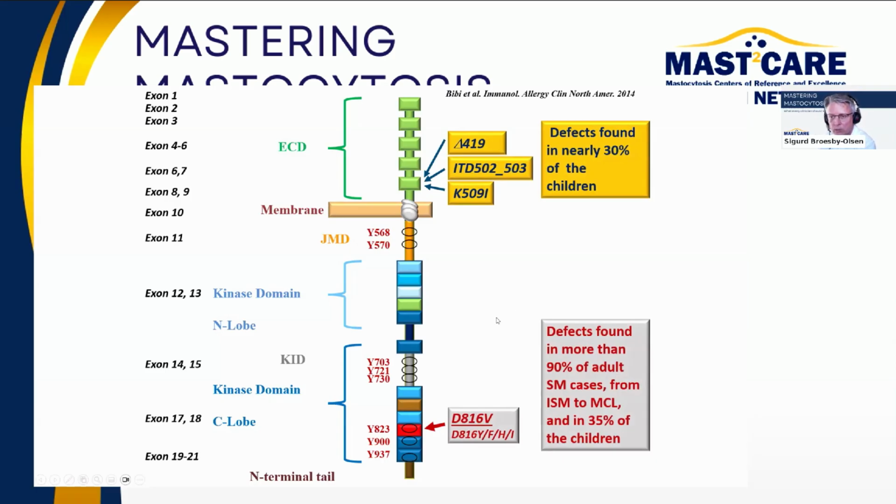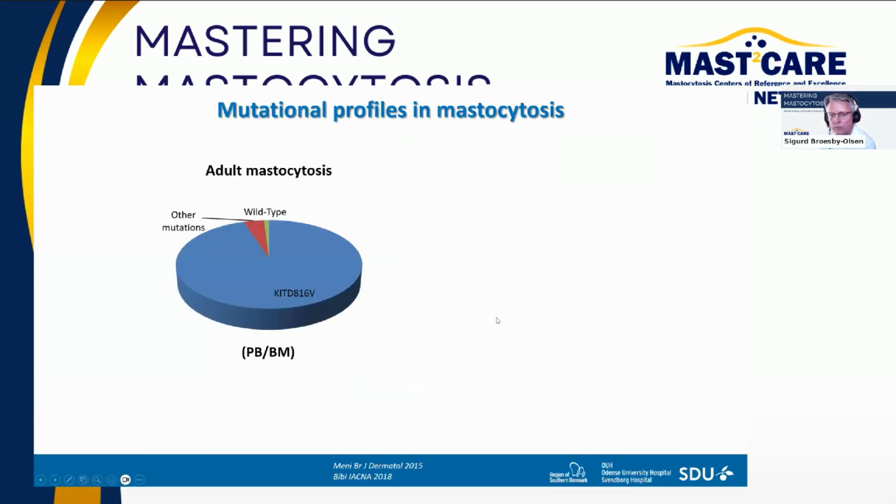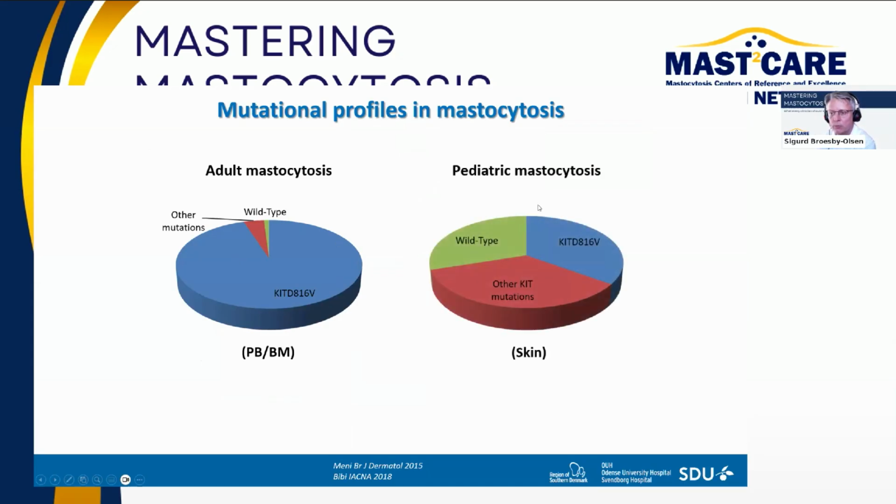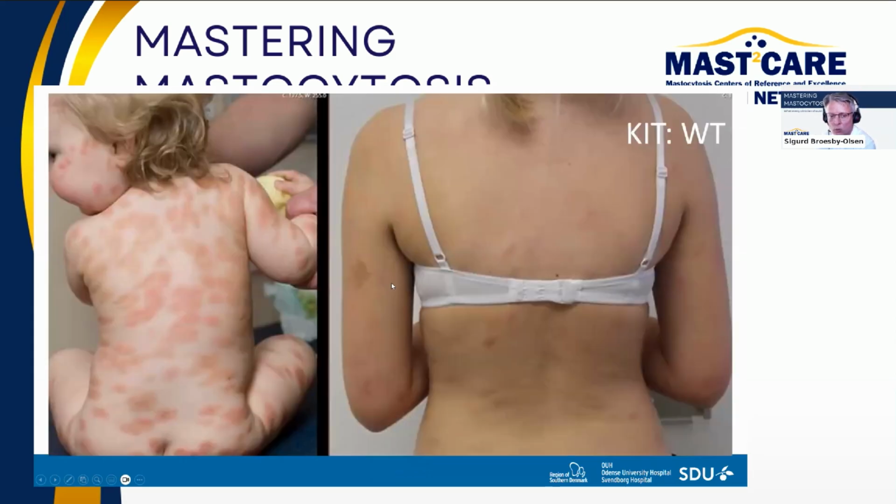So if we have pediatric mastocytosis, I think most of us are aware that when we, first of all, have adult mastocytosis, you can see almost all of them have KIT D816V. While we turn our heads into pediatric mastocytosis, only a minor part of it, maybe 1/3, does have this, and other KIT mutations are prevalent. And could this also be some kind of prognostic feature?